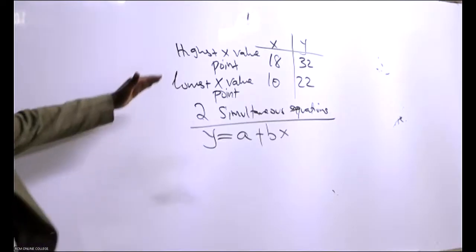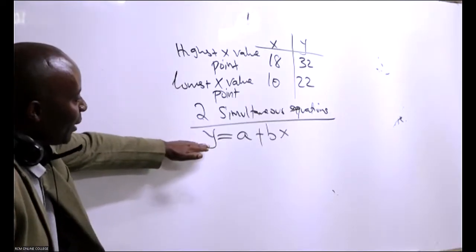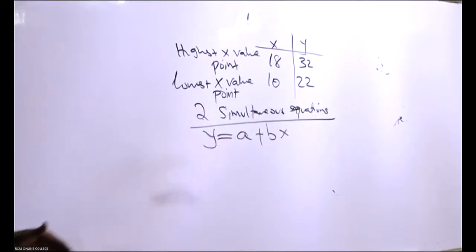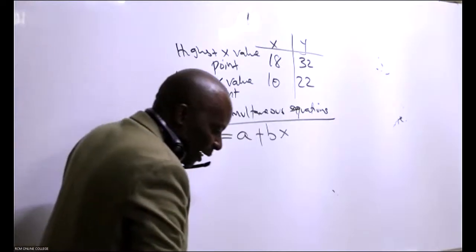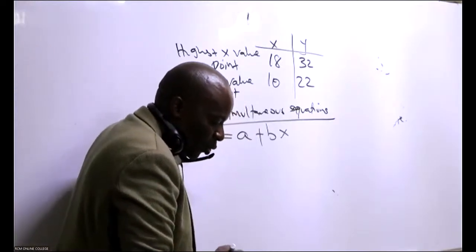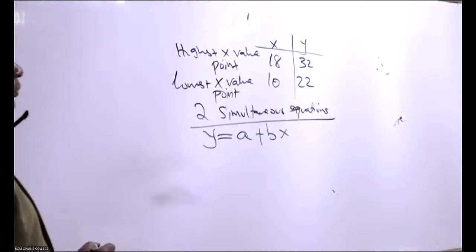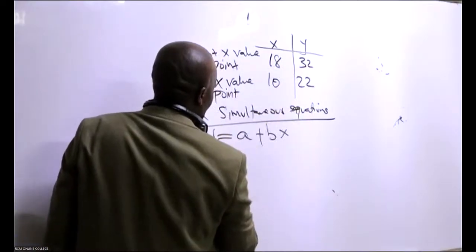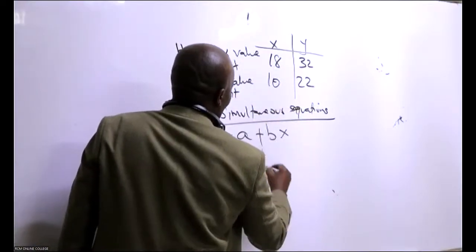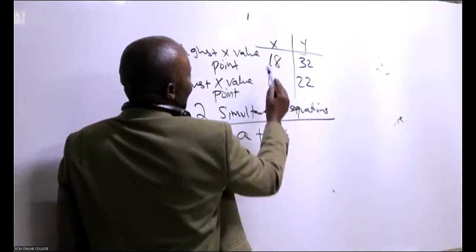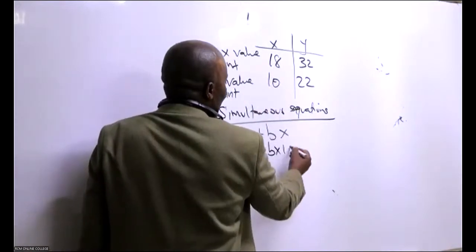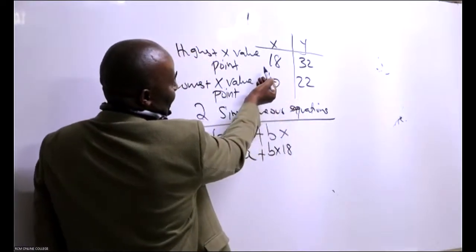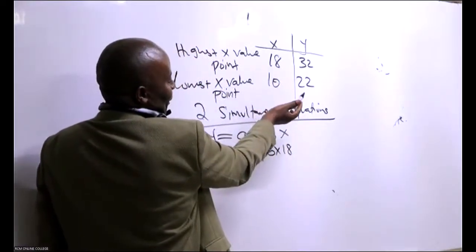Use the highest x value point, substitute here, and give me the first equation. It is y, 32, equals a that we do not know plus b times 18.